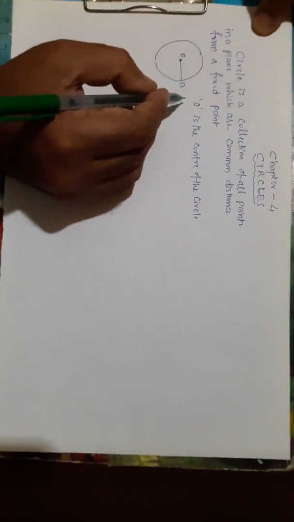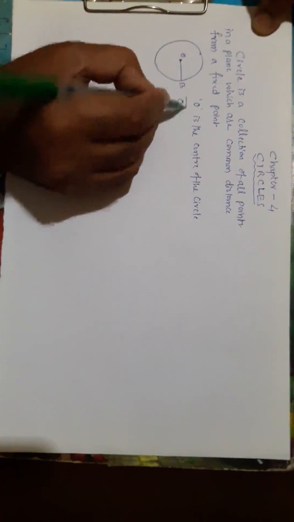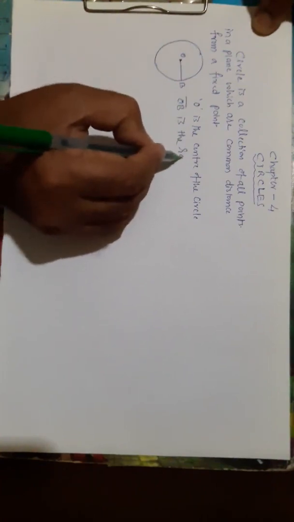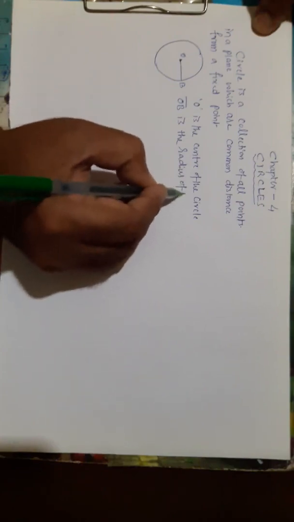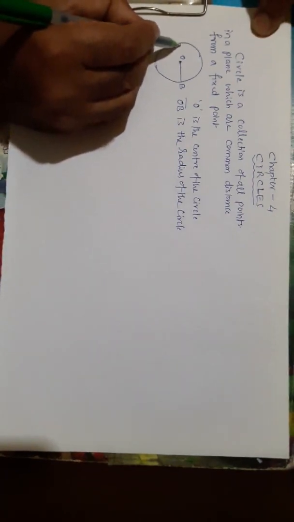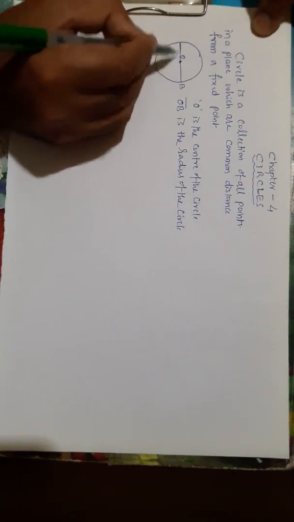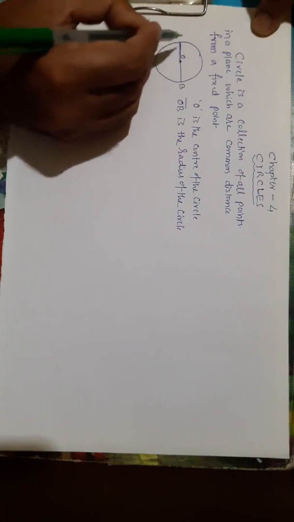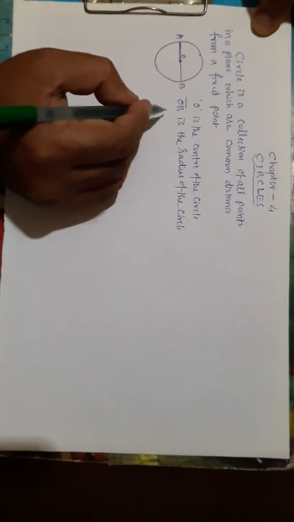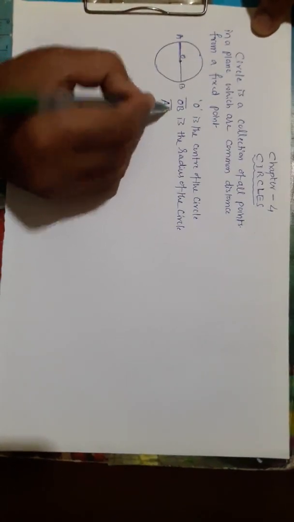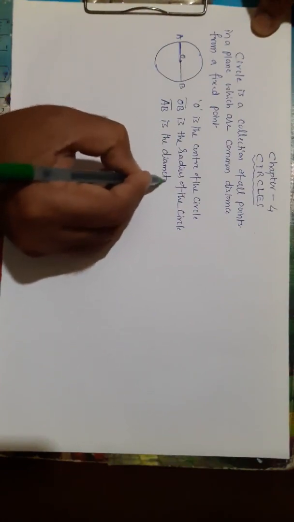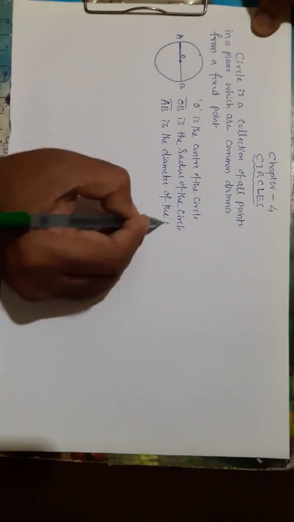OB is the radius of the circle. Now I am joining this radius towards this side. It is AB. Here AB is the diameter of the circle.